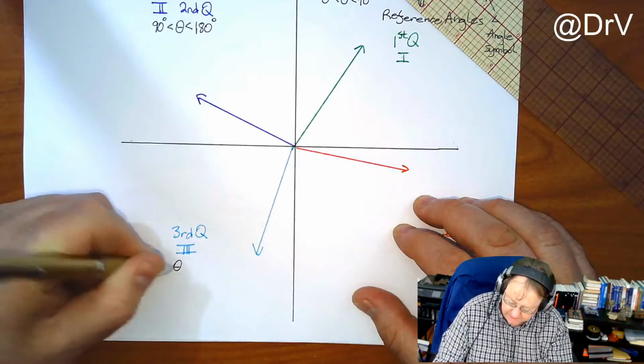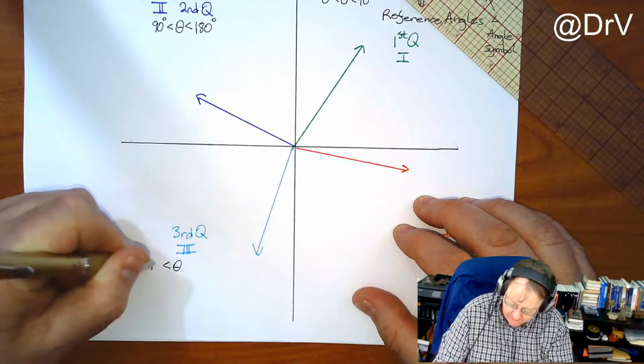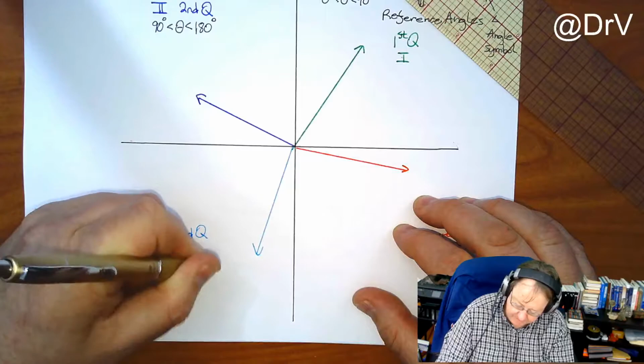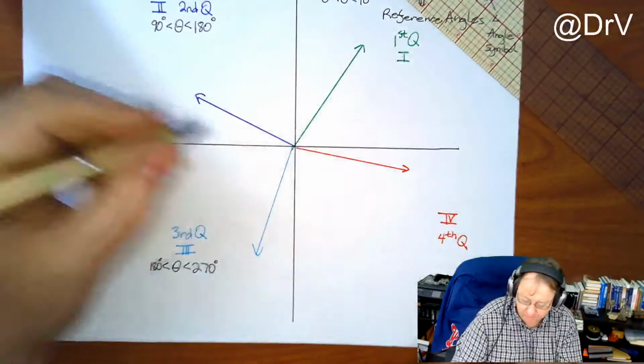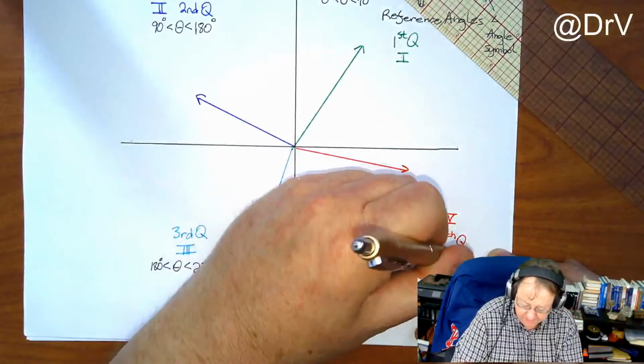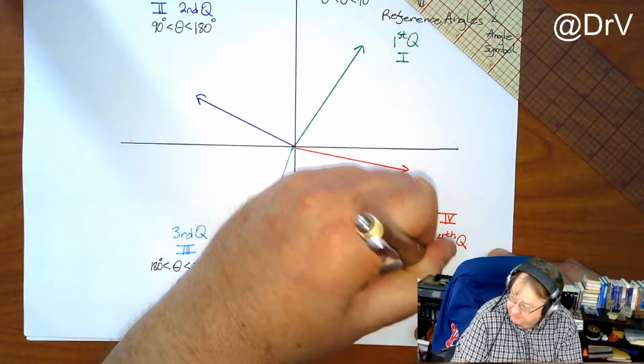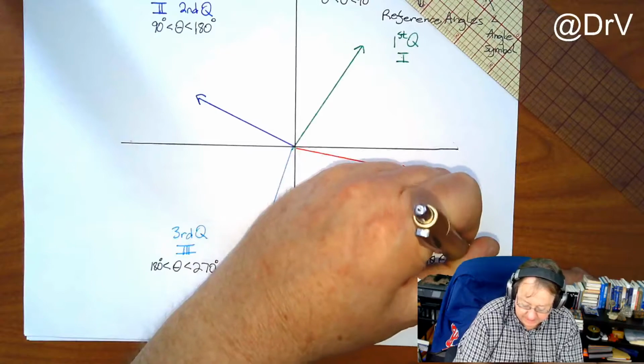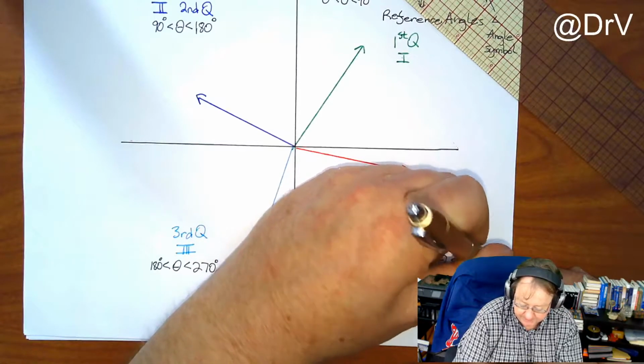Here, theta is greater than 180, but less than 270. And then over here on the right, you have theta greater than 270, but less than 360.